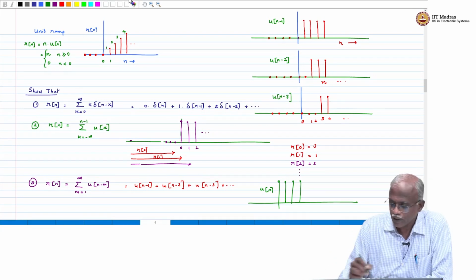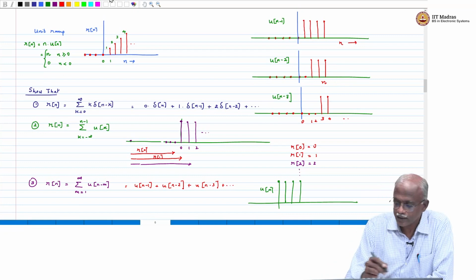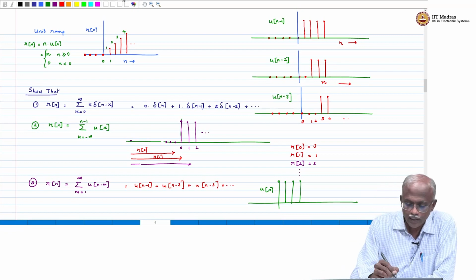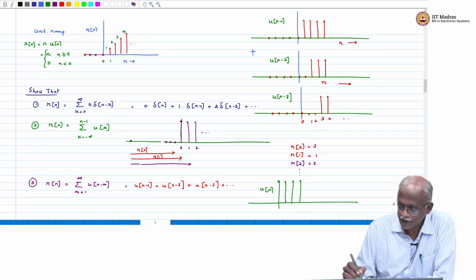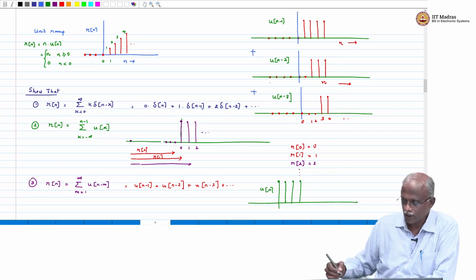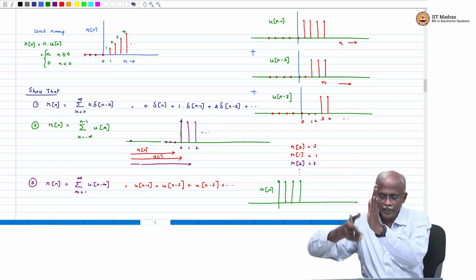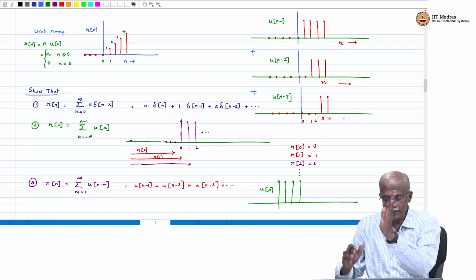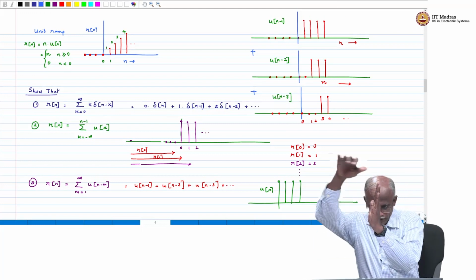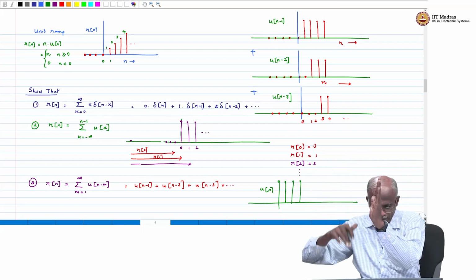All right. Let's take a quick look. If we add these signals together, the first signal plus the second signal plus the third signal and so on, you can see for n equal to 0, all are 0 valued samples. Anything to the left of it is all 0. Then at n equal to 1, the first signal has got a 1, everything else is 0.